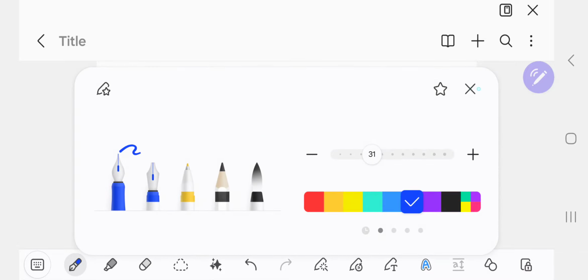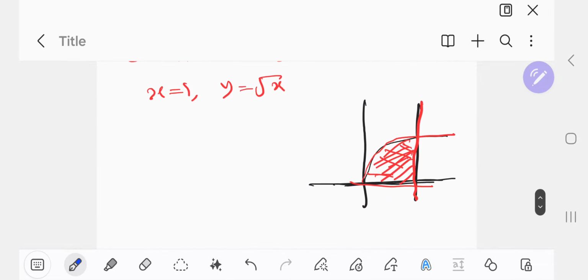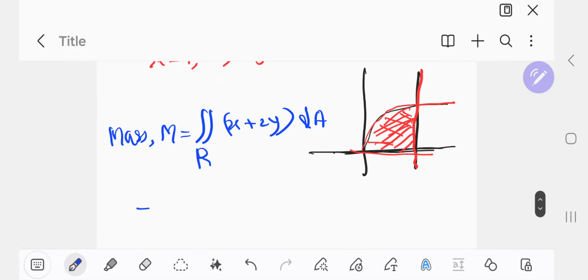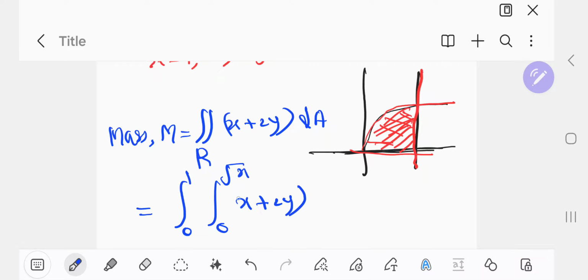Then mass equal to the double integral over R of x plus 2y dA, which is equal to the integral 0 to 1, integral 0 to root x, of x plus 2y dy dx.